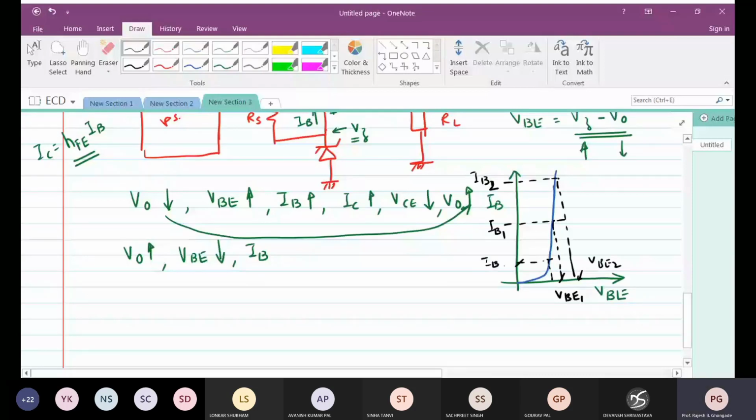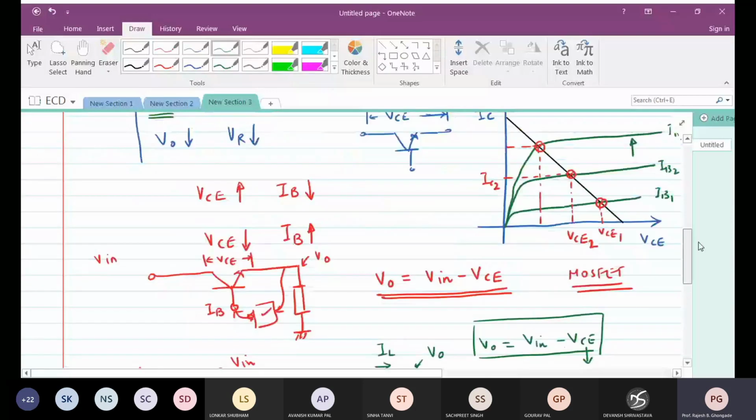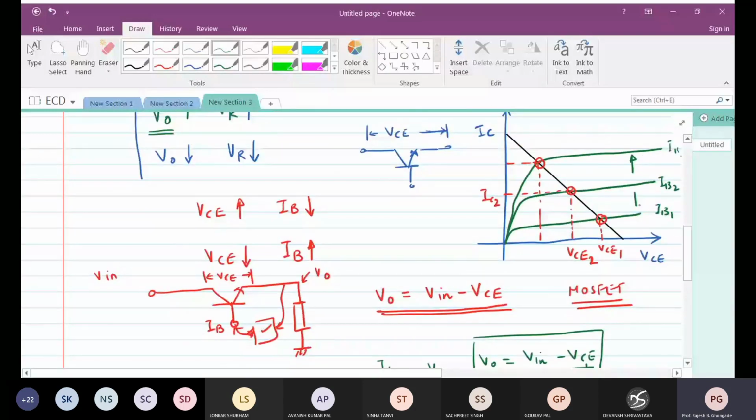If IB decreases, what will happen to IC? IC also decreases. If IC decreases, what will happen to VCE? It will increase. Remember, the load line is going to be constant.